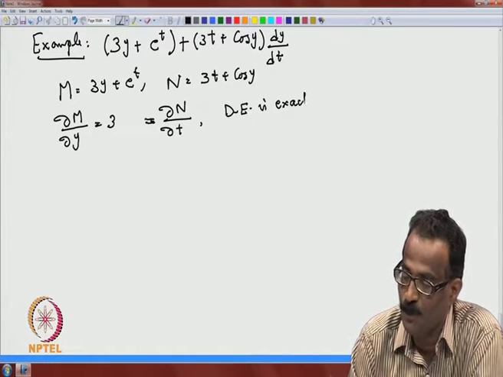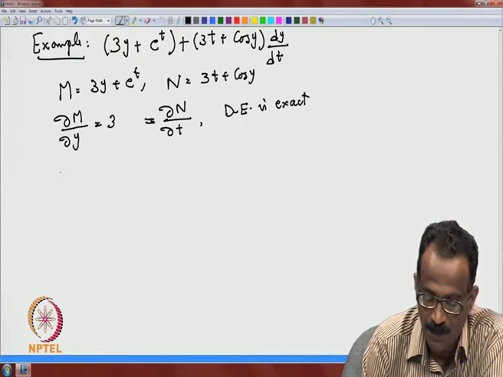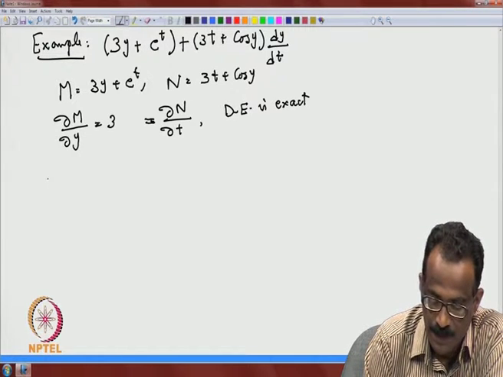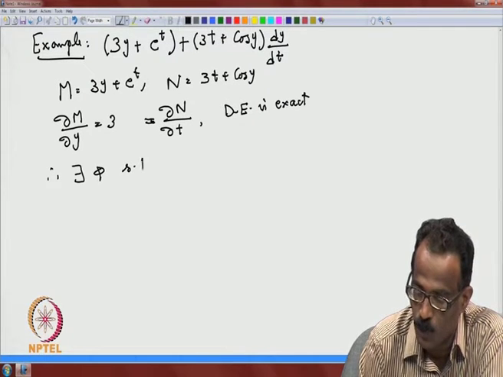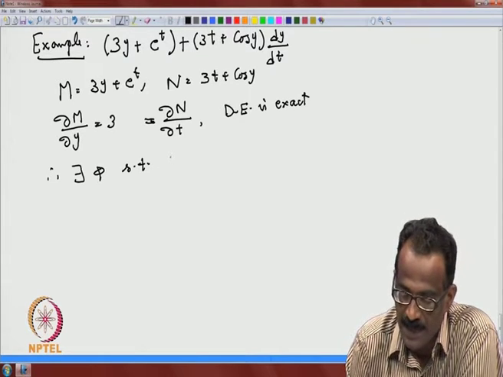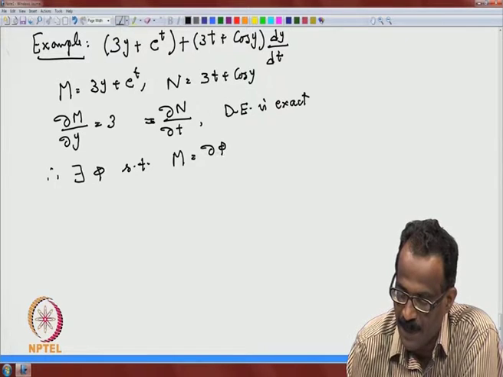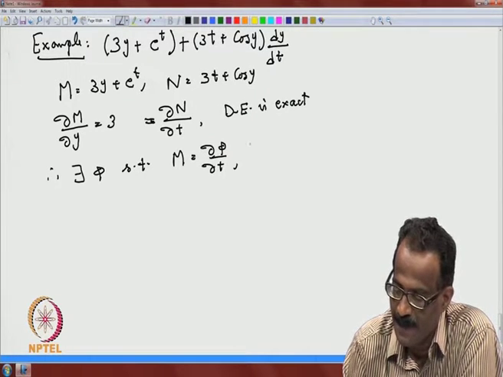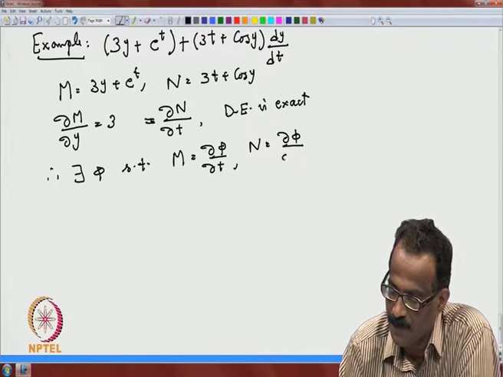So, how do you proceed to find phi? You do it step by step. Therefore, there exists phi such that, you do not have to remember the formula, you can proceed to solve the problem, m is equal to d phi by dt and n is equal to d phi by dy.